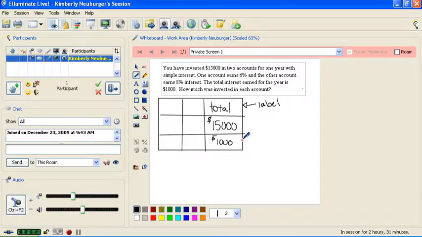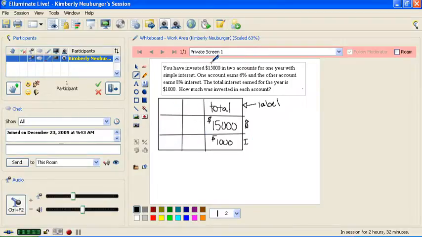Then below it you give values. Now, since this total is the total money invested, this row is going to represent our money. Since this total here is the total interest earned, this row is going to deal with our interest that we earn on each account.